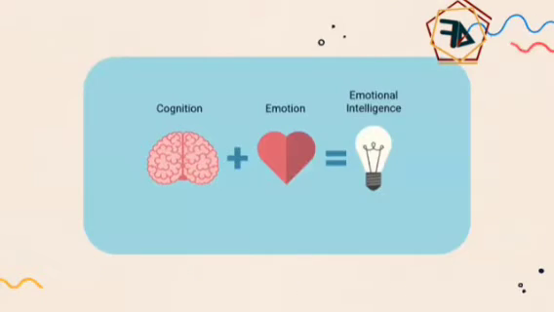Yeah. So like I said, the brain, which is the cognition part, plus our emotions, which is our heart, I can put it that way, literally our heart, all sum up. When you add them together, both of them give you emotional intelligence. So emotional intelligence does not just come with you being intelligent alone.